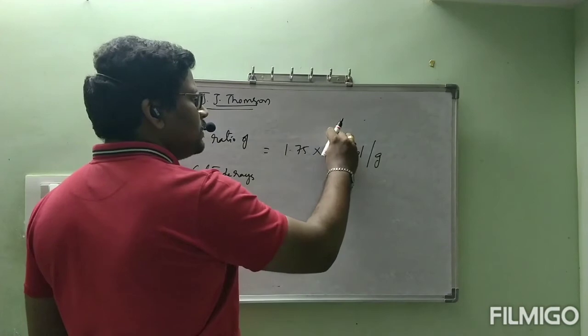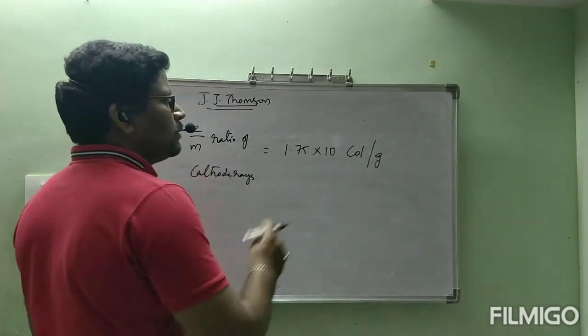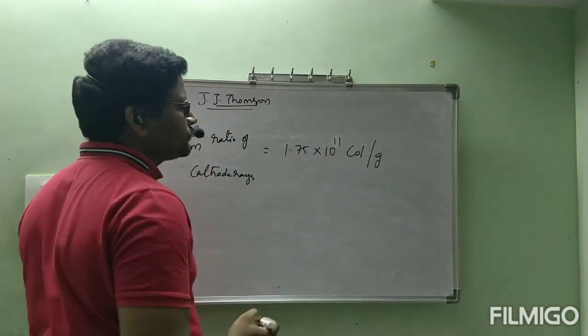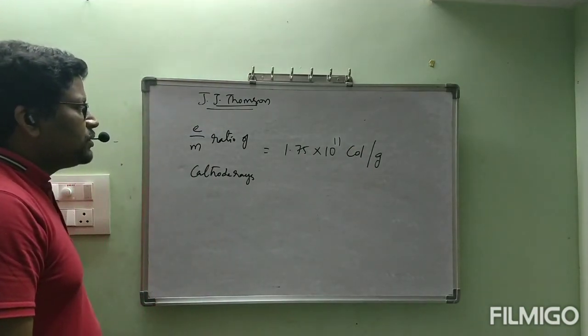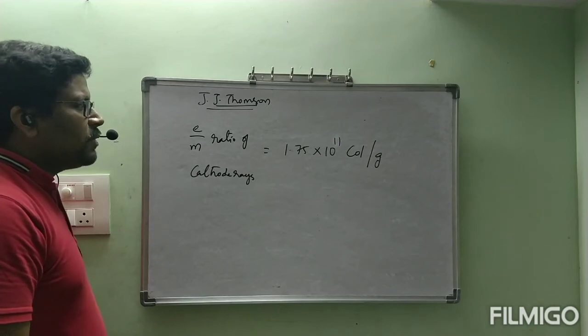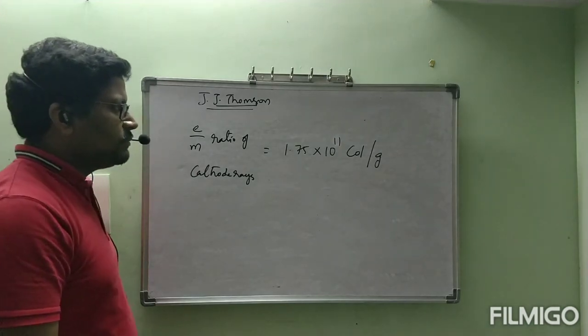Correction: it is 10 power 11, not 10 power 8. E by M ratio of cathode rays is equal to 1.75 into 10 power 11 coulombs per gram.